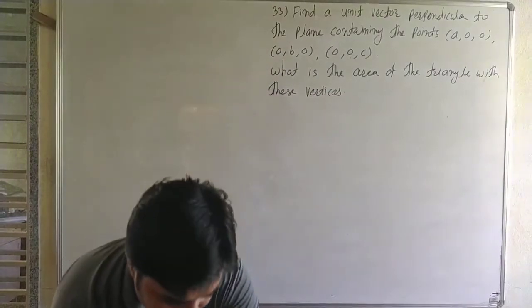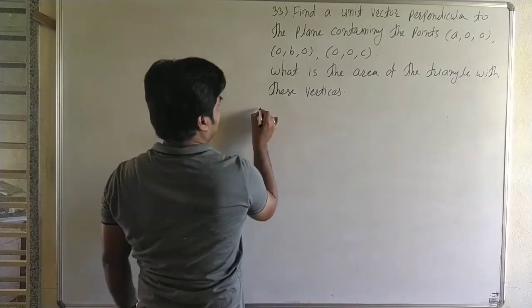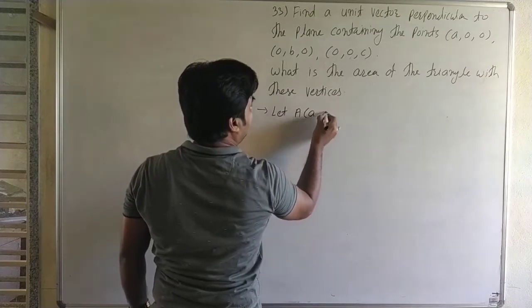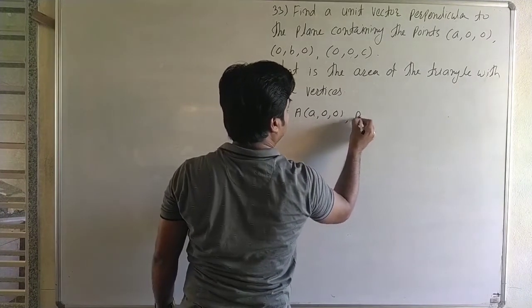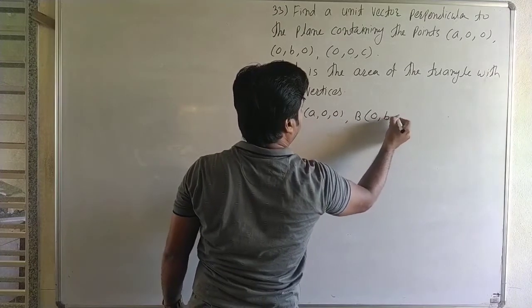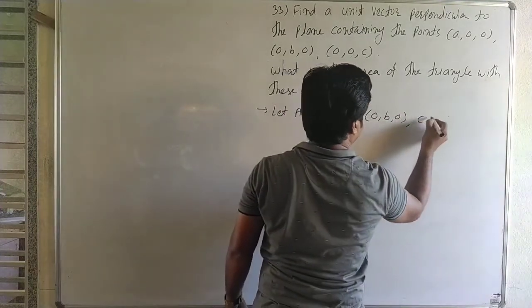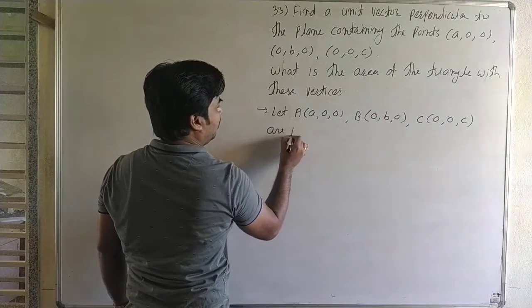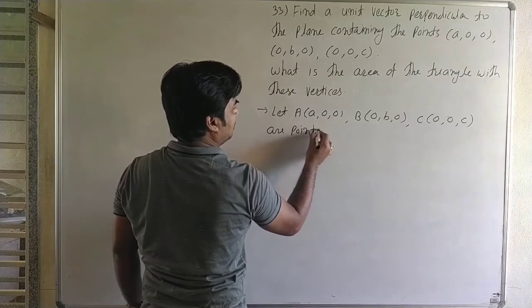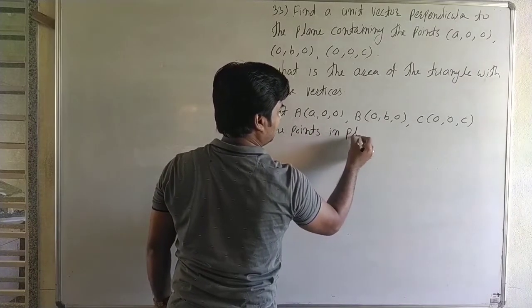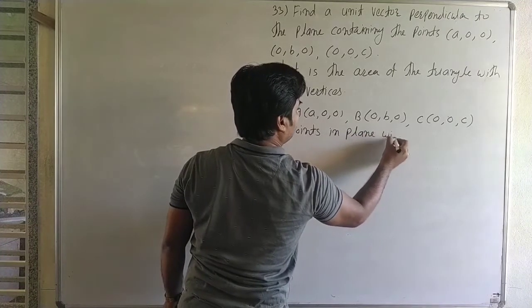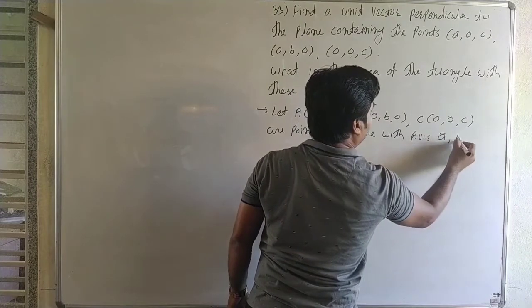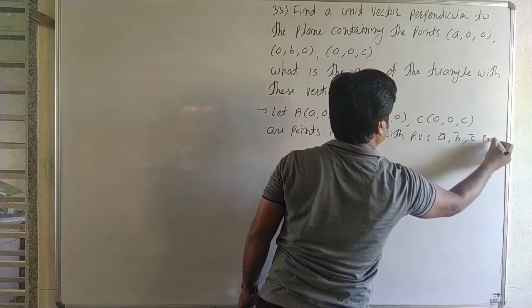Okay, here let A, 0, 0; 0, B, 0; and 0, 0, C be points in a plane with position vectors A bar, B bar and C bar respectively.